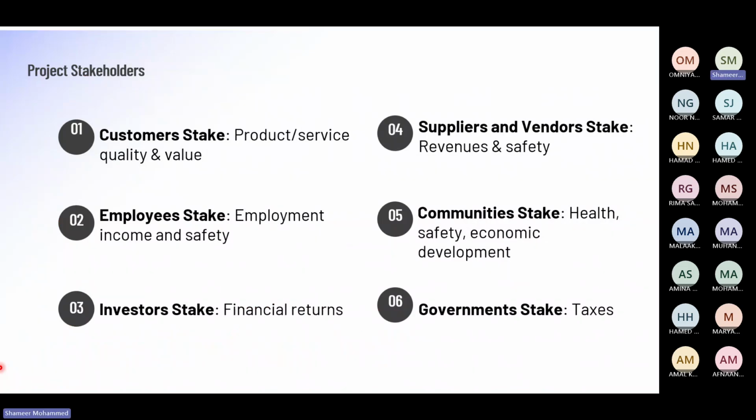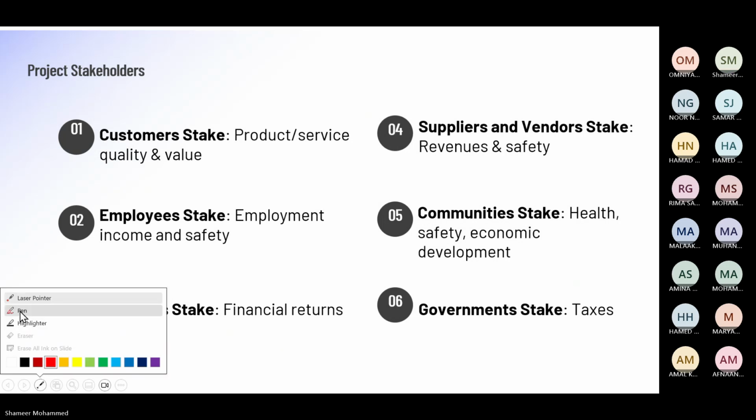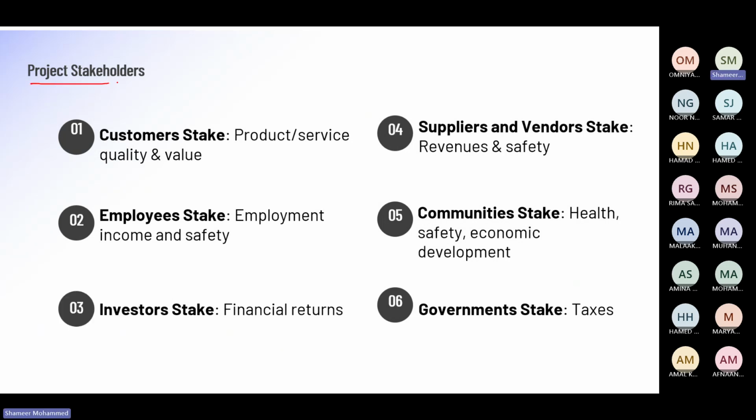Right? Now, stakeholders. Who are these people? Stakeholder means the people who are interested in the project, are affected by the project, or are taking part in the project.